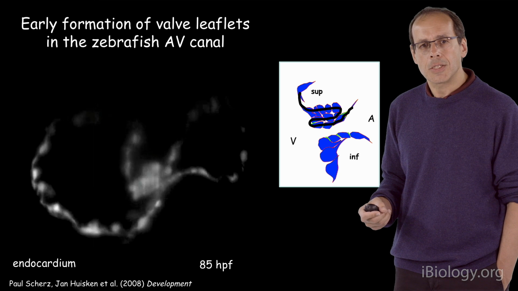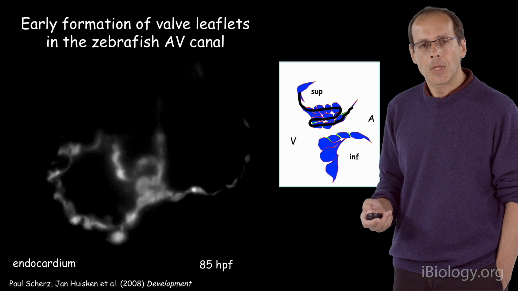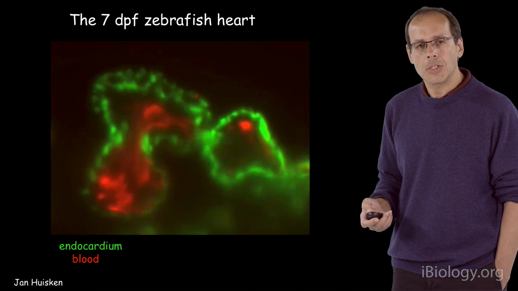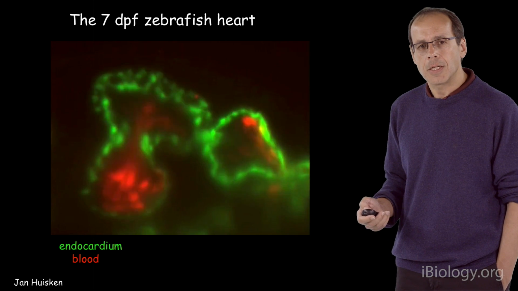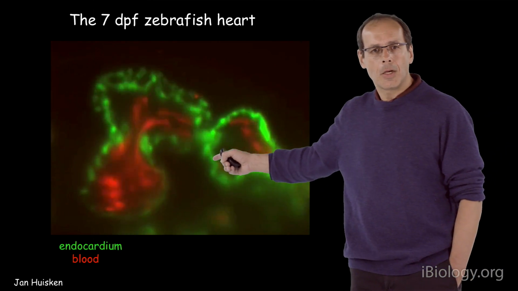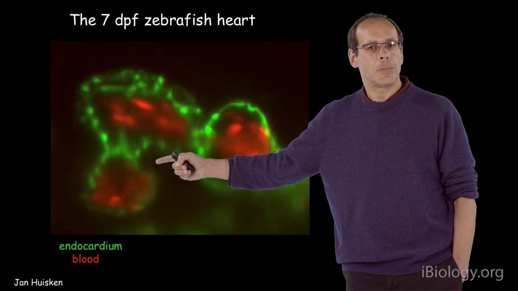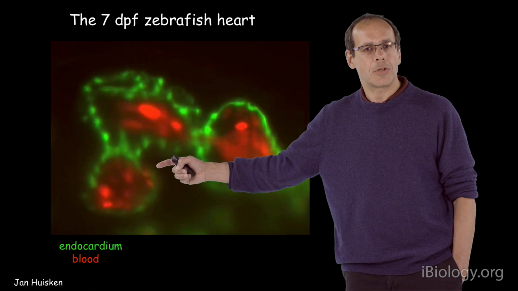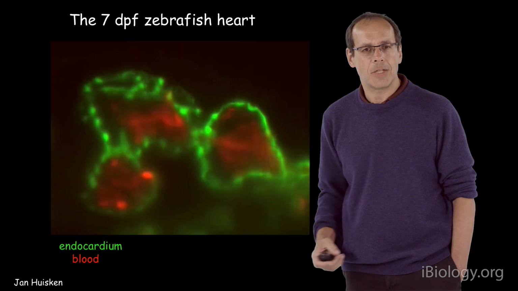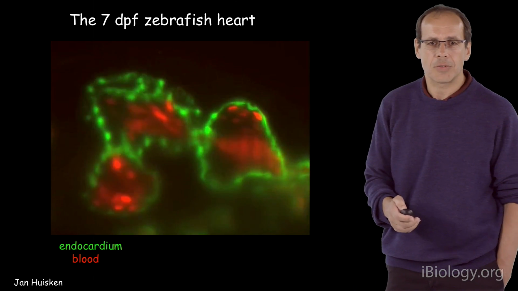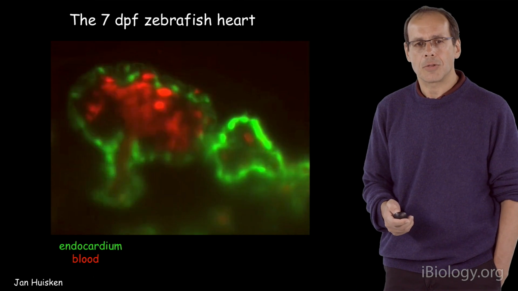These structures can then get remodeled into the valve leaflets that you can see very clearly at 7 days between the atrium and the ventricle. And you can see that these valve leaflets are very efficient at preventing retrograde blood flow.